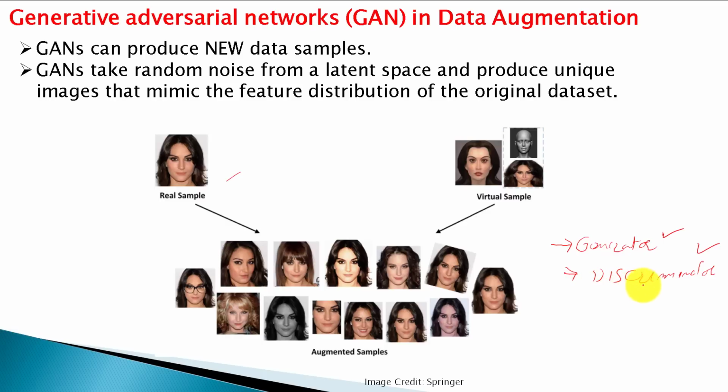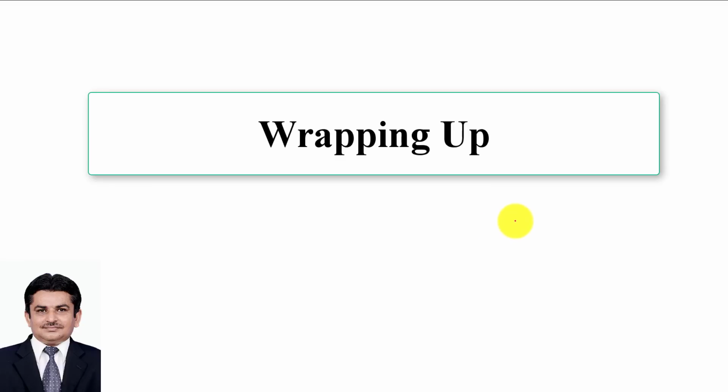This video shows several types of data augmentation techniques that can be used in computer vision. These techniques can be used to increase the size of the data or create new data from the original data. These techniques can be very useful in problems where we do not have a sufficient amount of data to train the model.